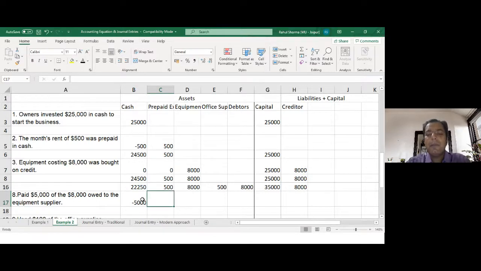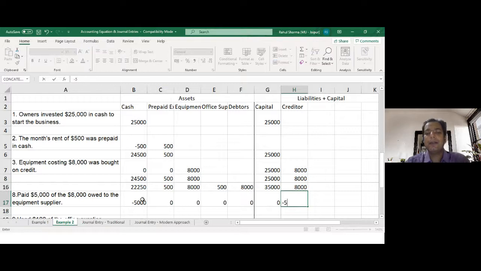Will it impact my prepaid expenses? No. Will it impact my equipment? No. My office supplies? No. My debtors? No. Will it impact my capital? No, it will not impact my capital. Will it impact my creditor? Yes, it should, because I have to pay him 8,000, and out of the total 8,000 I have paid him 5,000. So it will get reduced by 5,000.